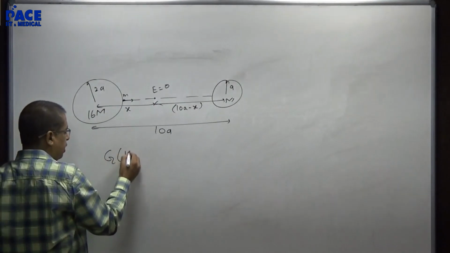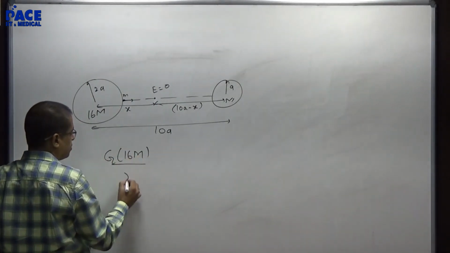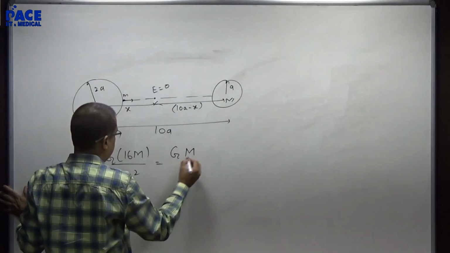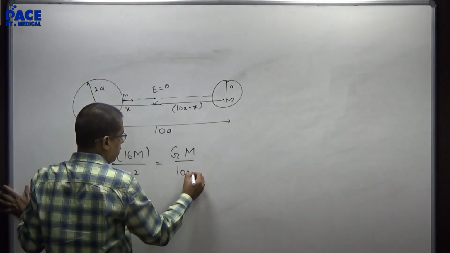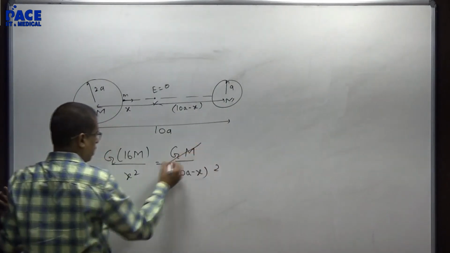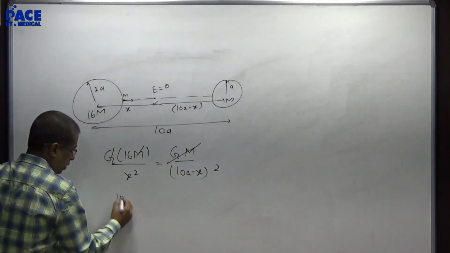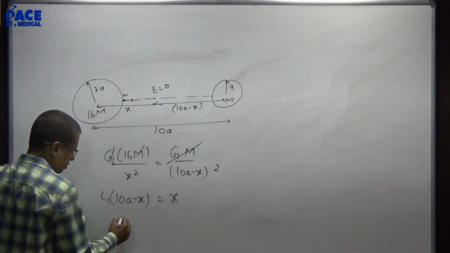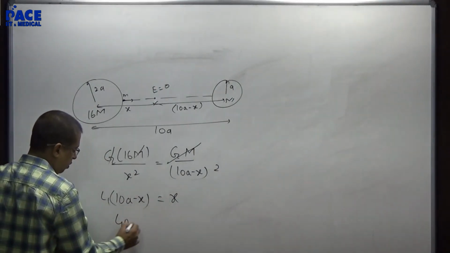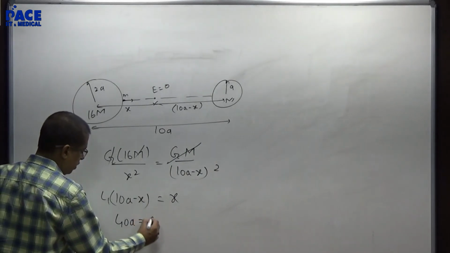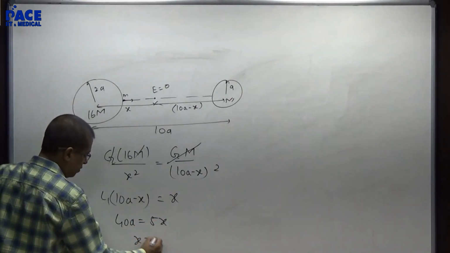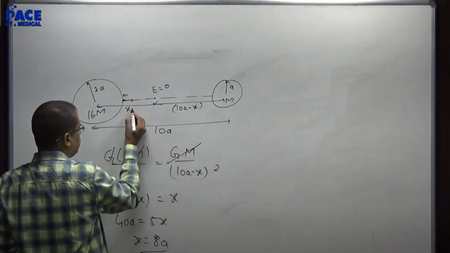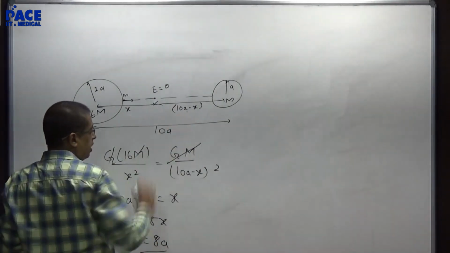G into 16m by x square is equal to G into m by 10a minus x whole square. So 10a minus x into 4 is equal to x. 40a is equal to 5x. x is equal to 8a. So x will be equal to 8a, and this will be equal to 2a.